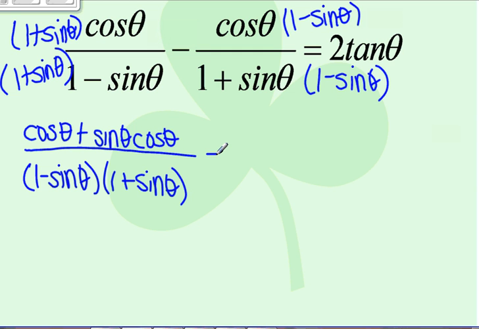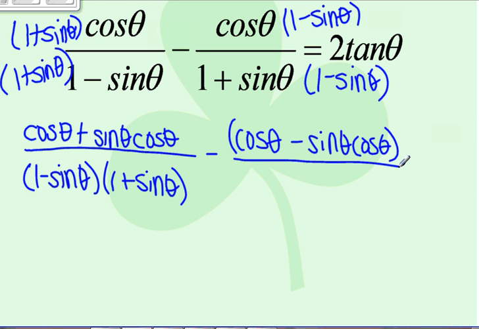Then I've got minus cosine. I'm going to put this in parentheses so I don't forget to distribute that negative that's out there. So cosine theta minus sine theta cosine theta all over 1 minus sine theta times 1 plus sine theta, sorry.